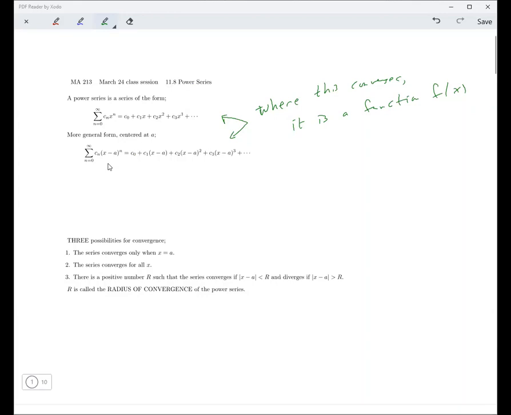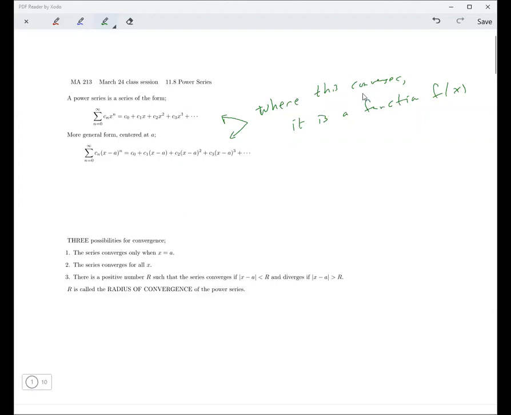And maybe one reason that you want to do that is because this is like a polynomial. It's an infinite polynomial, but it still behaves in some ways like a polynomial. So you have a function that can be represented this way, and it could be useful to put it in this representation because it's like a polynomial. And polynomials, for example, can be integrated and differentiated. That's one of the first things you learn how to integrate and differentiate, and so that could be useful.